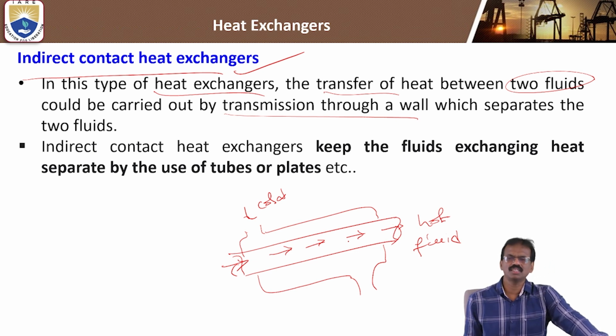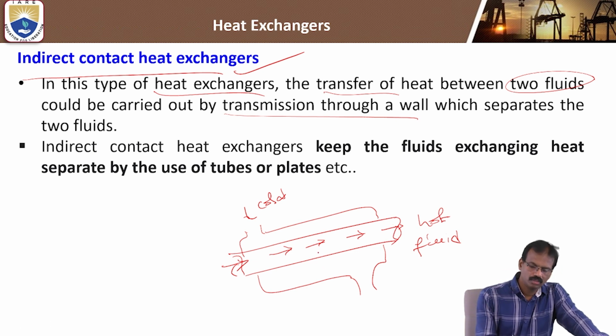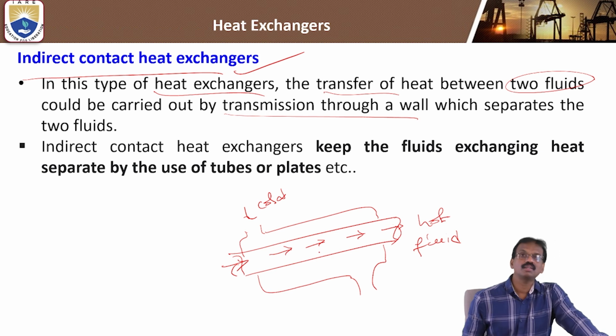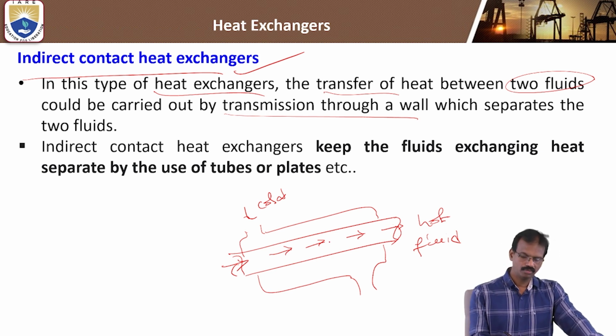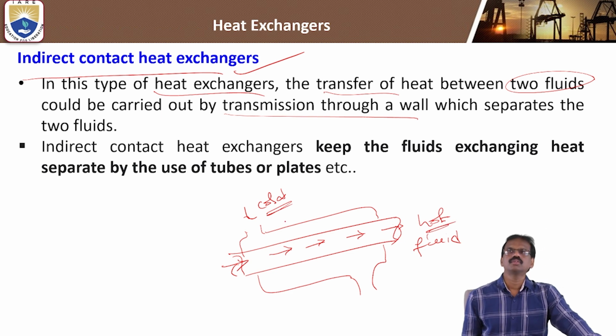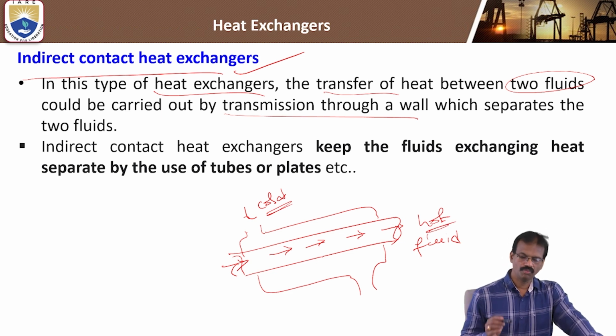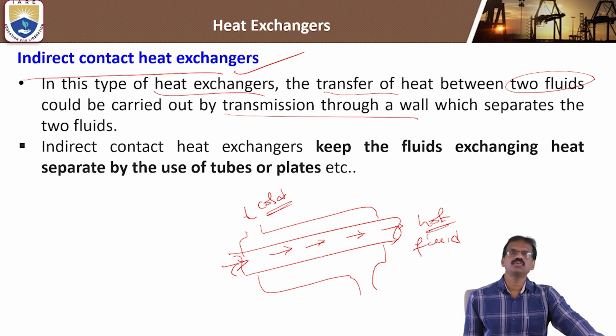Here we can see convection and conduction processes. Heat transfer takes place from fluid to pipe to cold fluid. Finally, heat transfer takes place from the hot fluid to cold fluid through a wall which separates the two fluids.